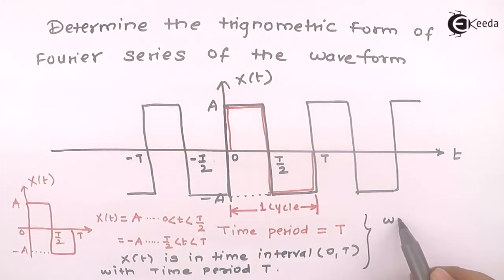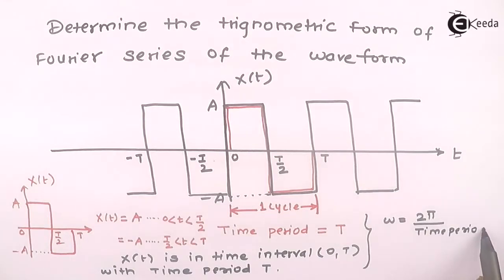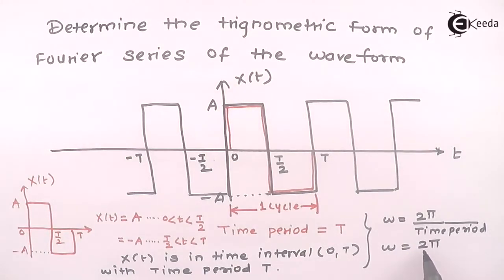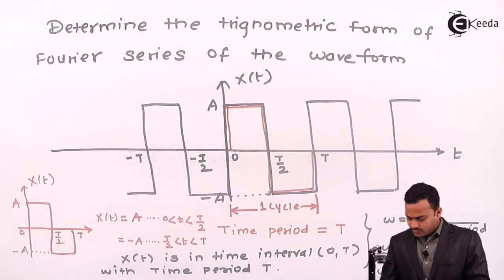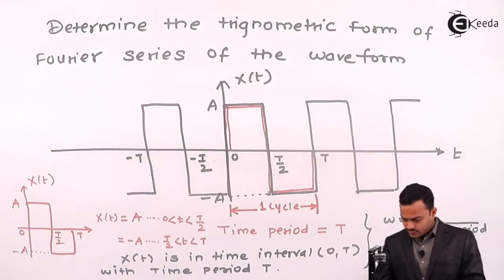So omega is 2 pi divided by time period. Since the time period over here is capital T, omega is 2 pi by T. So wherever omega is there, we will replace it with 2 pi by T. In the end, if I multiply, I will get omega T as 2 pi. Sometimes we deal with omega T, so omega T is 2 pi in this case, which we have to keep in mind.